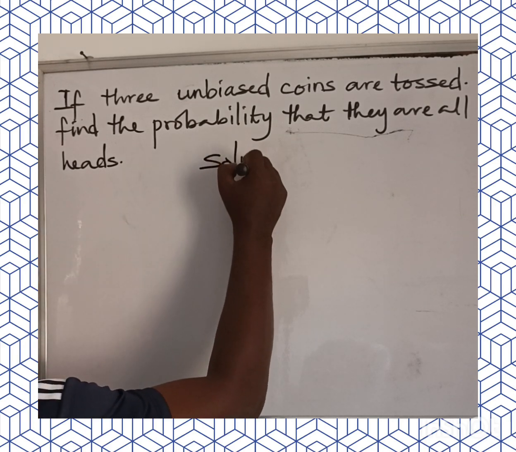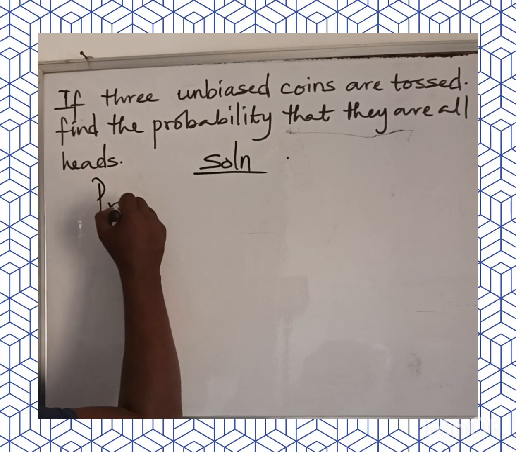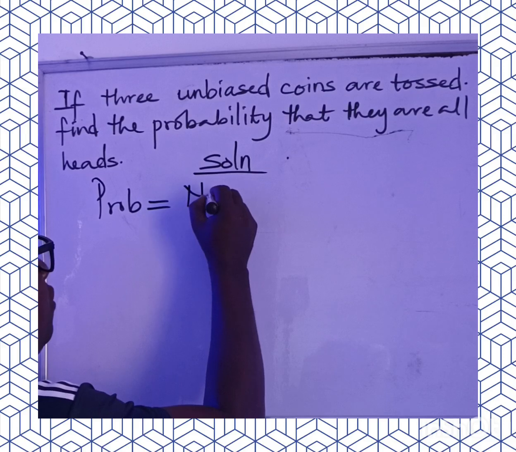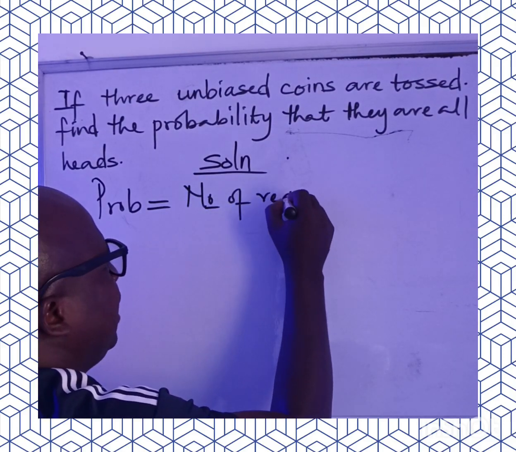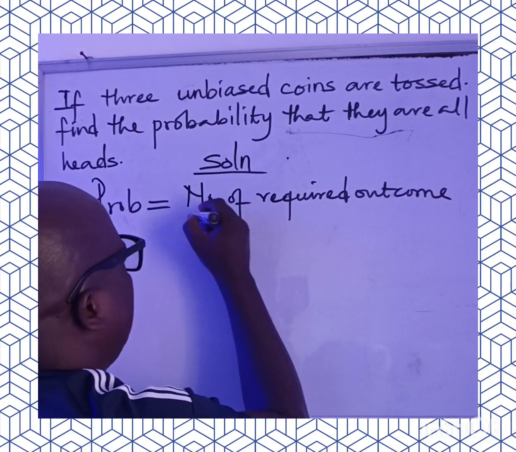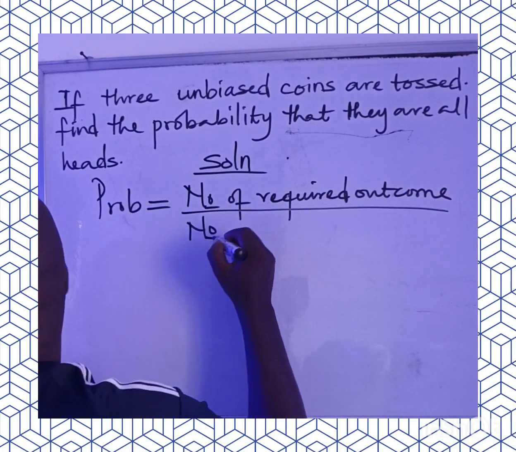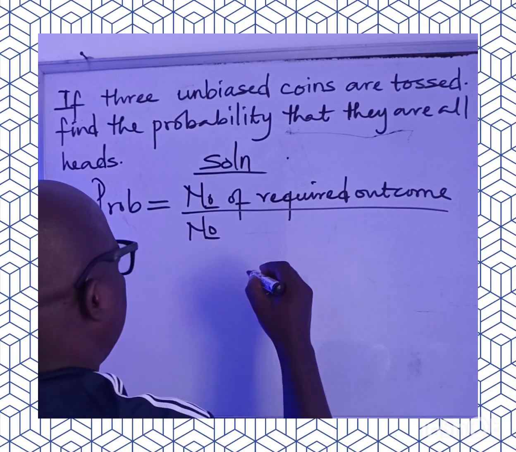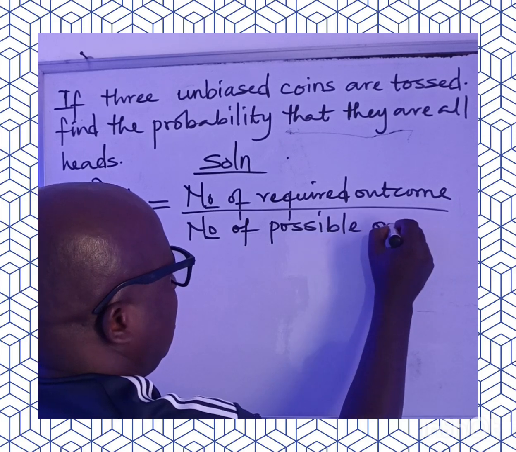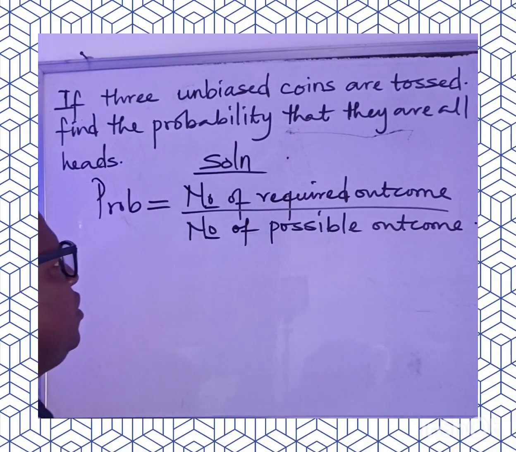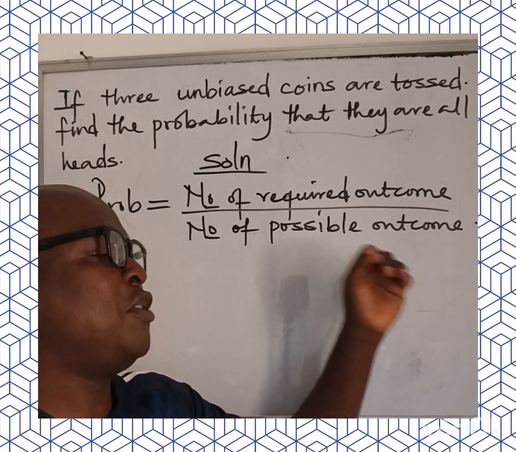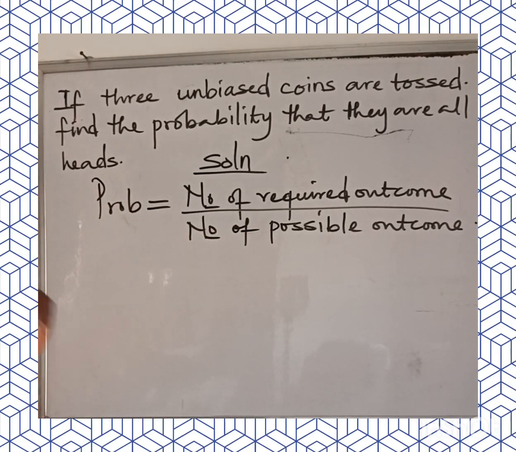I'm going to have the solution. Since probability is equal to the number of required outcomes all over the number of possible outcomes. The one we can easily get here is the number of possible outcomes.